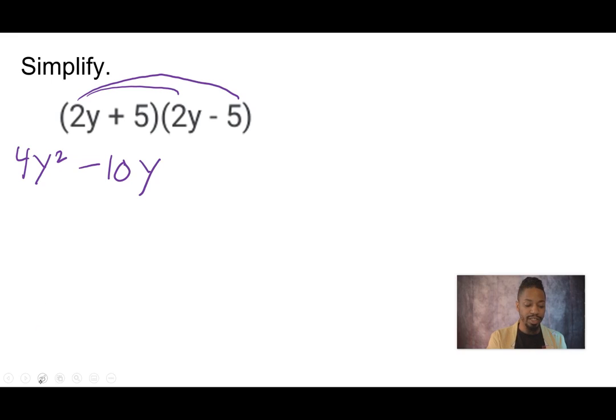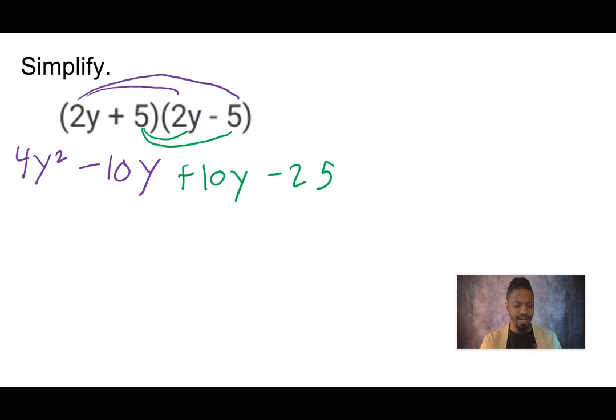Now we need to also take that 5 and multiply it by everything in the second set of parentheses. 5 times 2y, that's 10y. 5 times negative 5, that's negative 25.